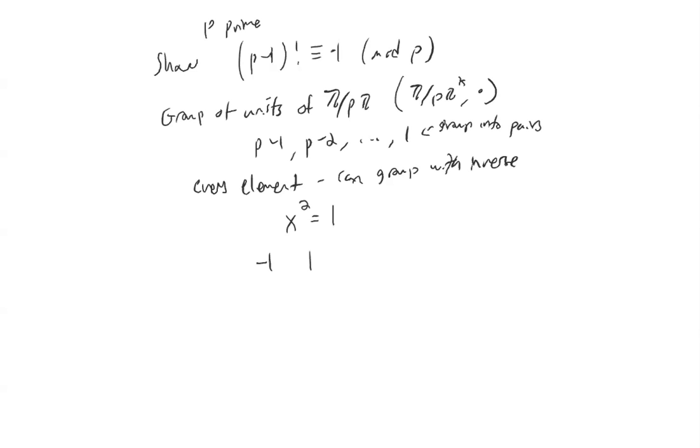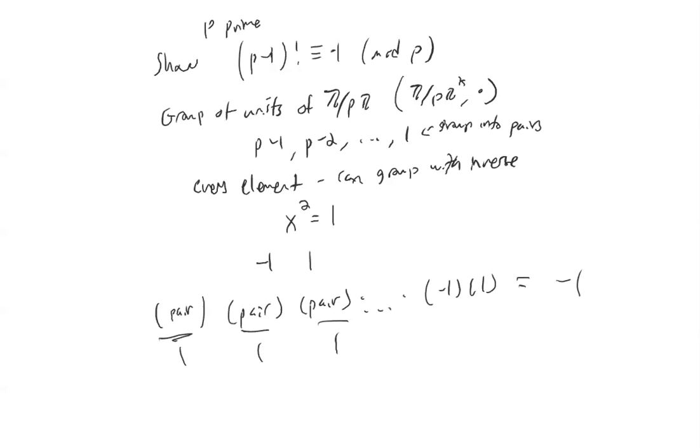So the only things that are not in a pair when I multiply everything are -1 and 1. Now these pairs are inverses, so I get 1, 1, 1. And you're going to see it multiplies to -1. And that's your proof.